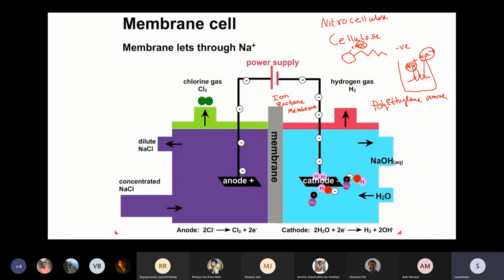If you see this polymer chain, it will always have NH4 plus ions on the surface, with multiple such groups on the surface. So if I put this polyethylene amine here, Ag plus ions or Na plus ions will not be attracted to this one.